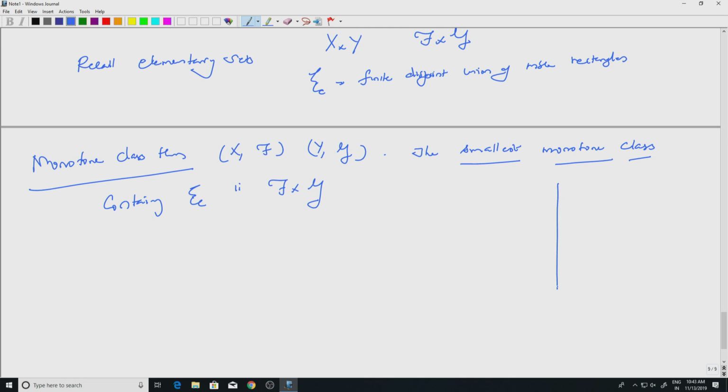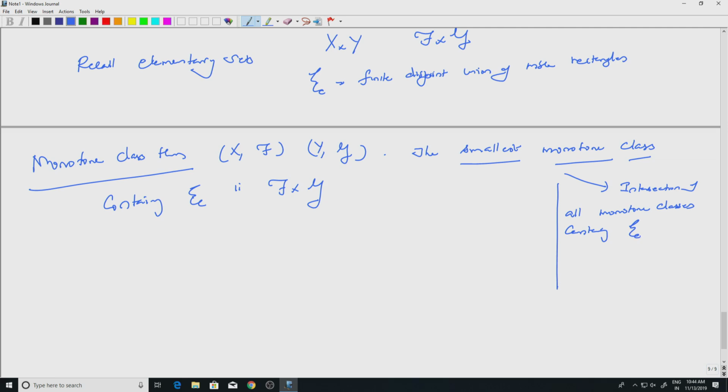Well, what is the smallest monotone class? It's just like the smallest sigma algebra. You take the intersection of all monotone classes containing the given collection, right.